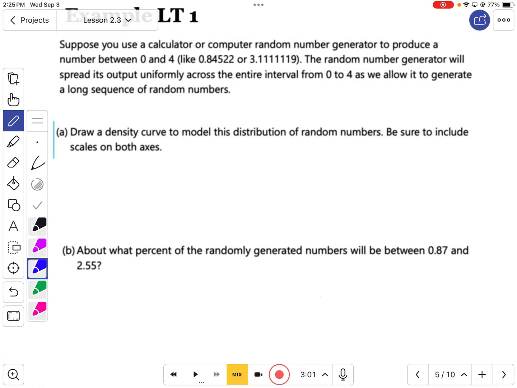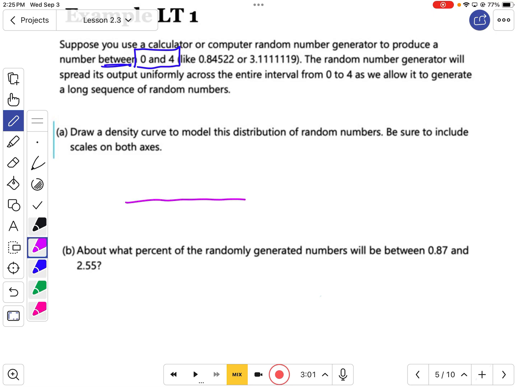So it gives me a lot of information here, but basically it says you use a calculator to generate some numbers between 0 and 4. Whenever you see between, that's what's going to be on your number line. So between 0 and 4. And it's going to generate a long sequence of random numbers. It says to draw a density curve to model this distribution.